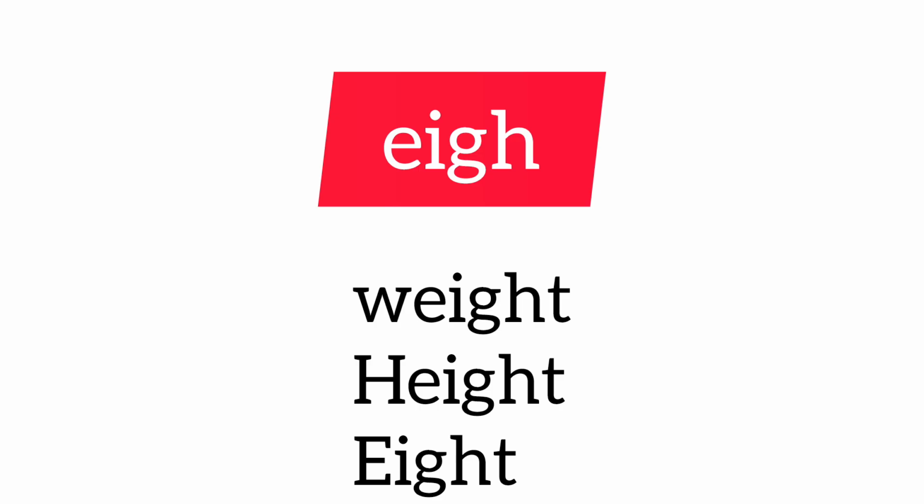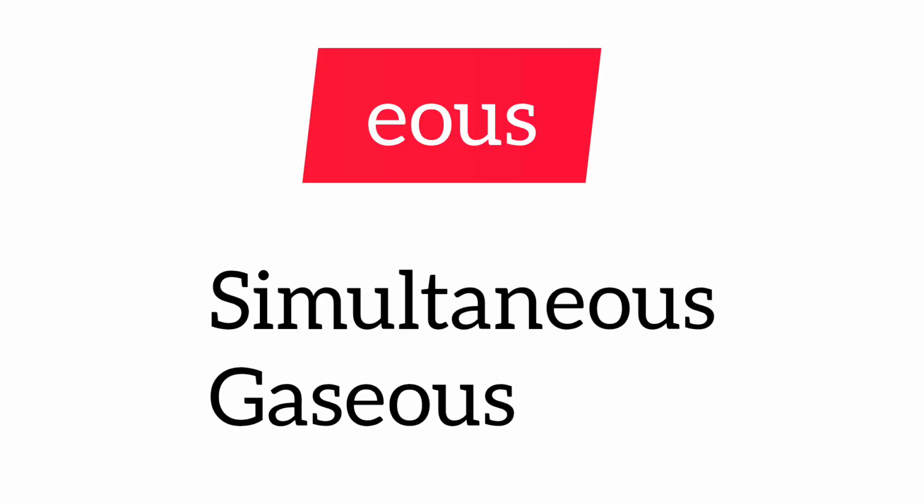So here the 4 letters are combining together and making a single sound, which is known as a Quadgraph, and each and every Quadgraph has a particular sound. The next one we also pronounce as us: simultaneous, gaseous. Again they will read with the letter sound and focus on the Quadgraph pronunciation.